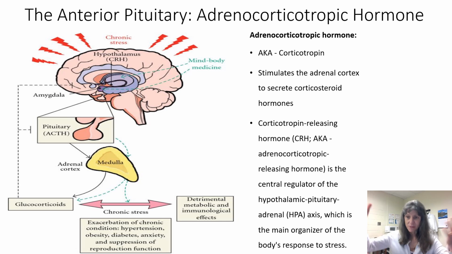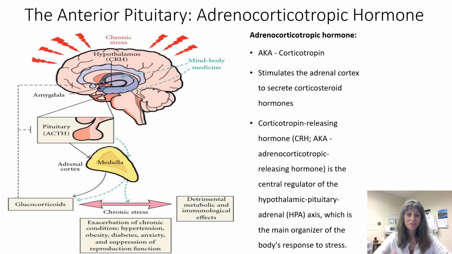If we look from the top down, you'll notice that the hypothalamus at the top of this picture is, in response to stress, going to release corticotropin releasing hormone, because that's the central regulator of something known as the hypothalamic-pituitary-adrenal, or HPA axis, which is the main regulator of our response to stress.